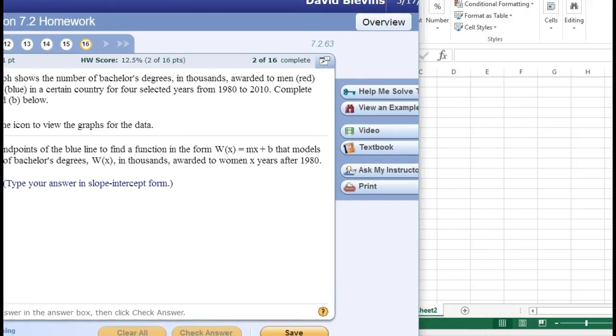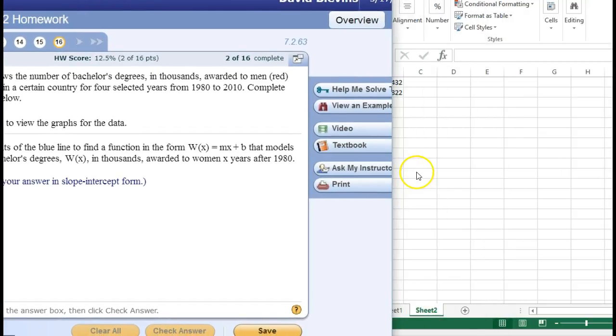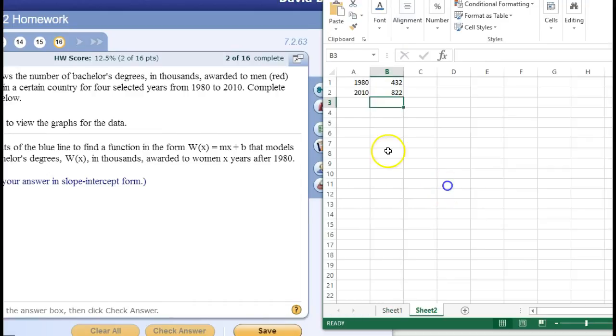So instead of 1980 and 2010, I want to change that to years after 1980. So 1980 is 0 years after 1980, and 2010 is 30 years after 1980. Those 2 x coordinates need to change because of the wording of the problem, years after.